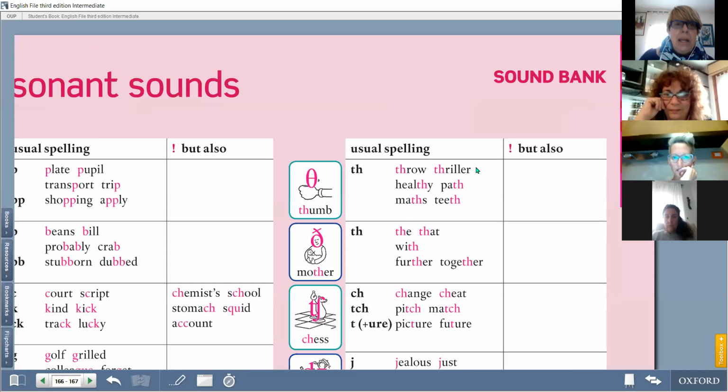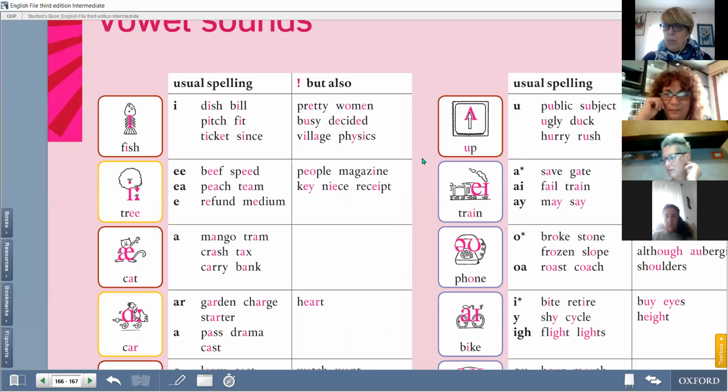They divide them as far as sounds are concerned, not letters, not vowel letters, but vowel sounds. So you know that in English, there are a lot of vowel sounds. And they start with one vowel sound, in this case the letter, for example, I, and they identify it with a little drawing that is, in this case, a fish.